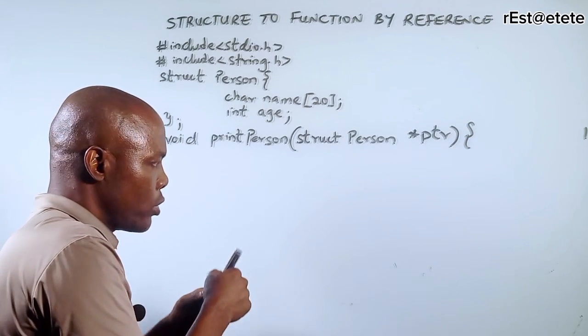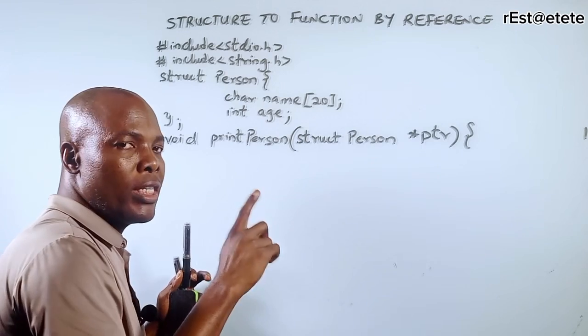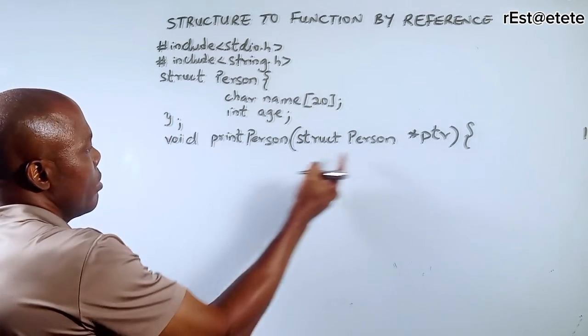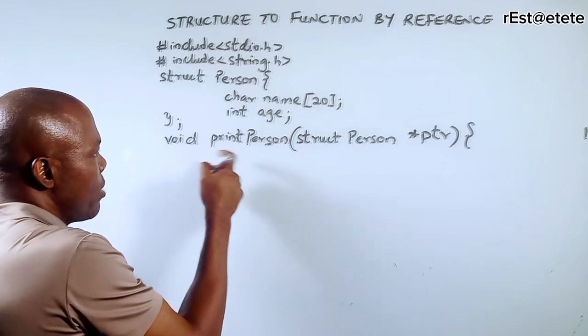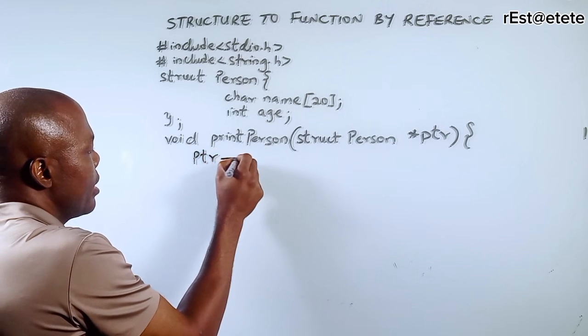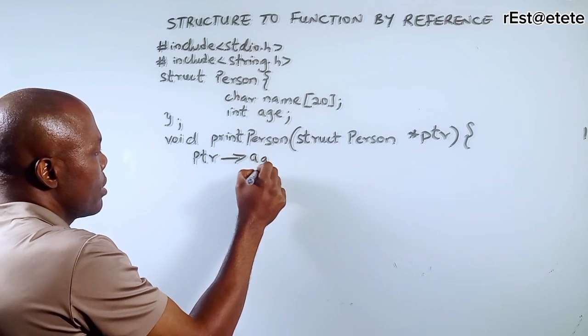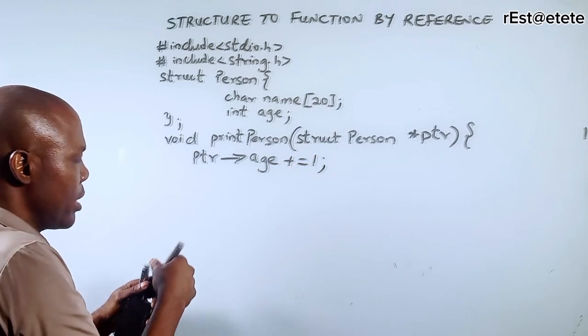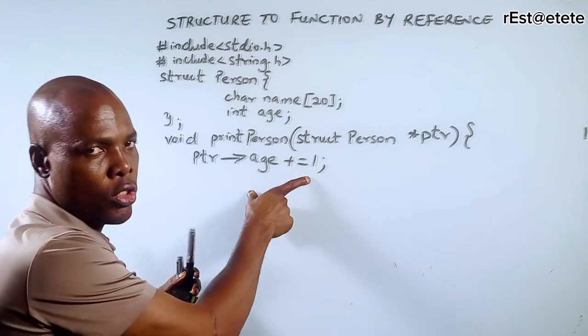So what do I want this function to do? I want this function to increase the age that will be supplied to it. Using the pointer, I taught you how to access the element: ptr arrow age plus assign 1. What I'm simply saying is increase whatever age is given to you.